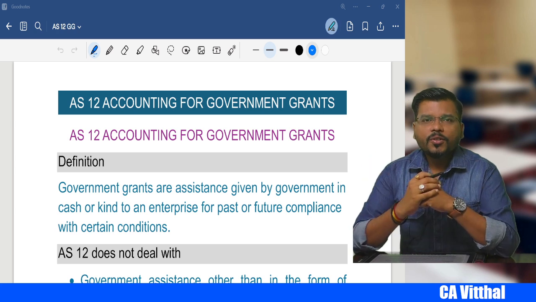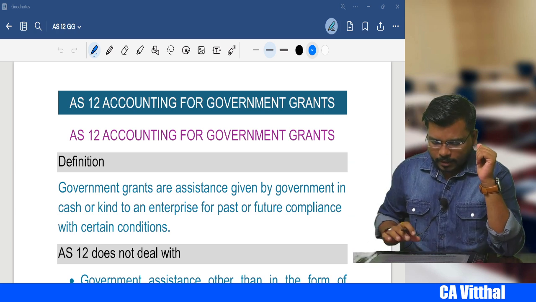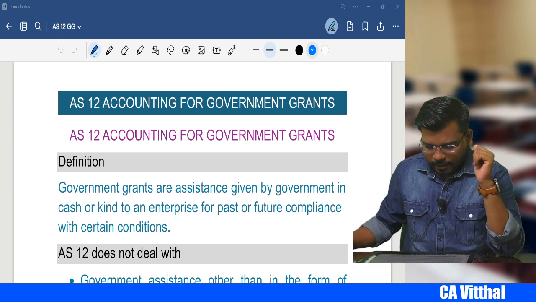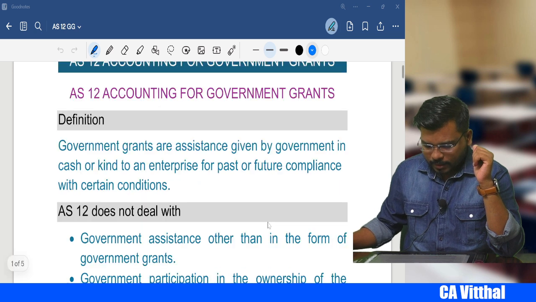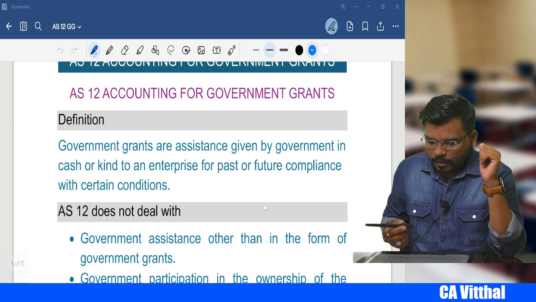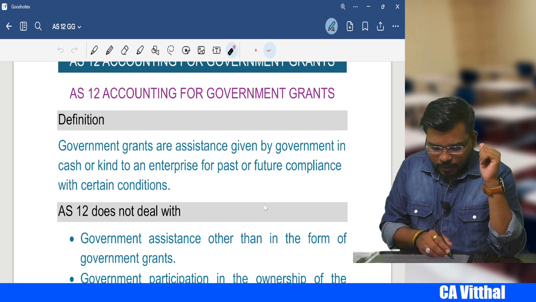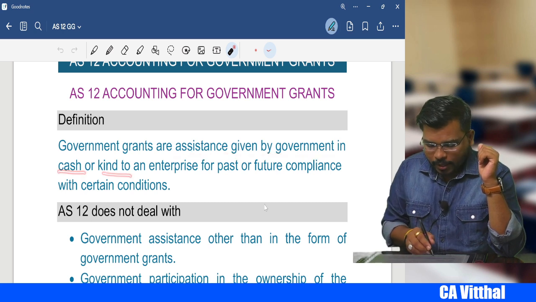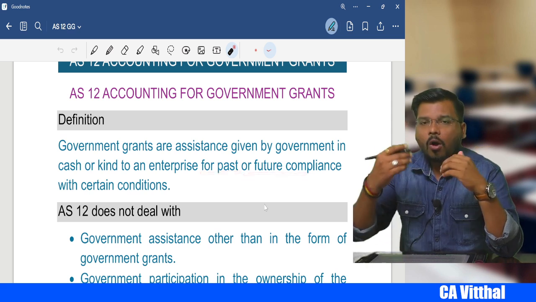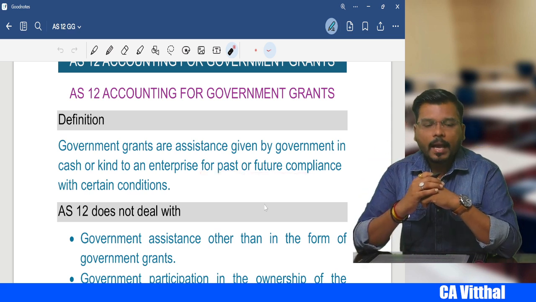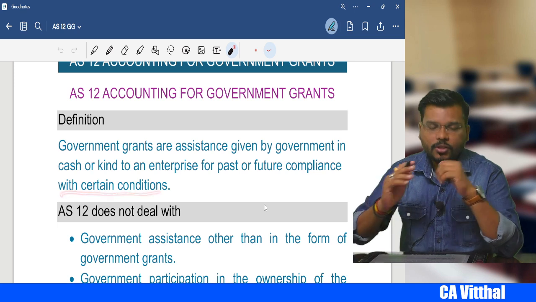Today we are going to discuss the most important AS, that is AS12 government grant. So what is government grant? Government grants are assistance given by the government in cash or kind to an enterprise for past or future compliance of certain conditions.